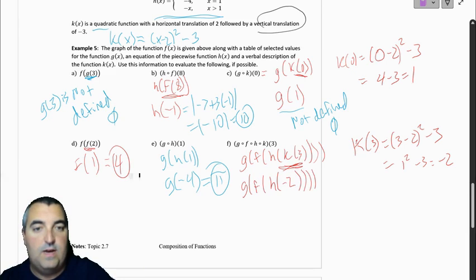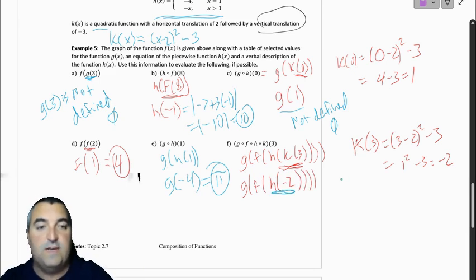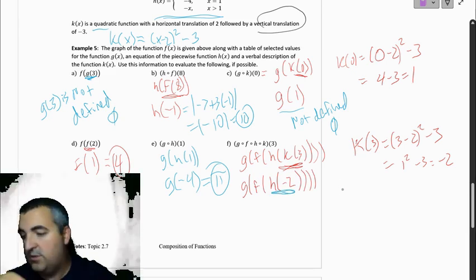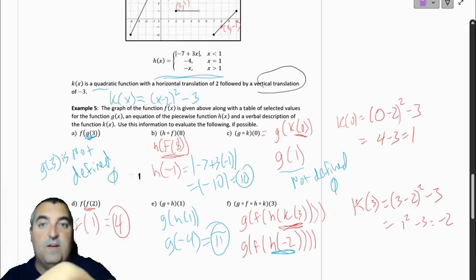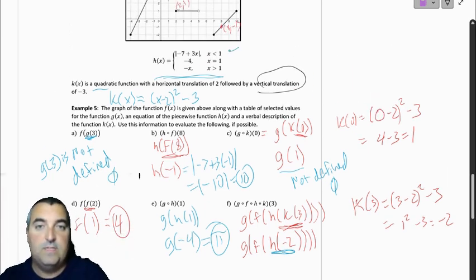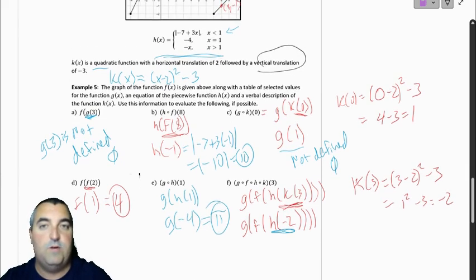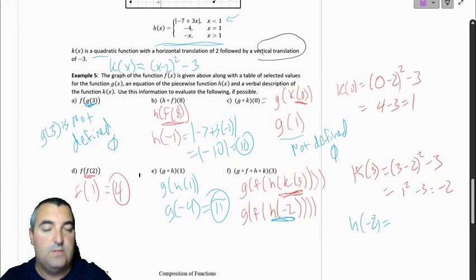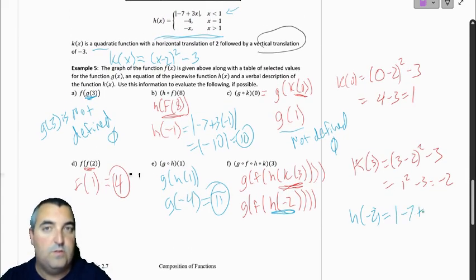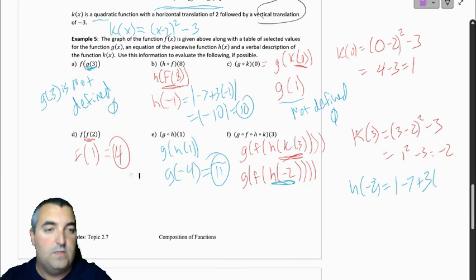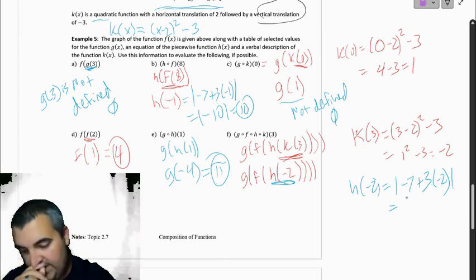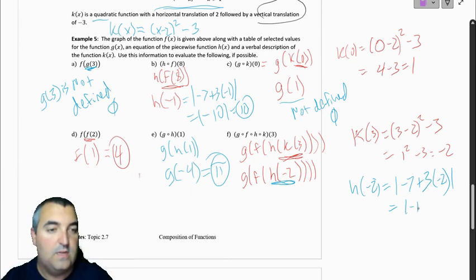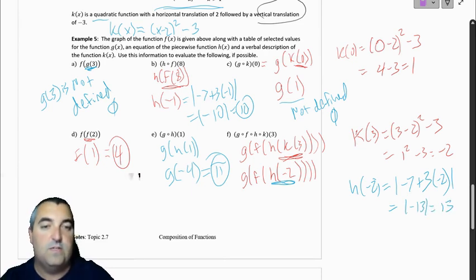And now I work on the next function. So h of -2. Well, h of -2 tells me I'm looking at the piecewise, -2 is less than 1, so I'm going to use that top equation again. So h of -2 equals absolute value of -7 plus 3 times -2. When I simplify this, that's -6, that's -7, so I would get -13, but then I'm taking the absolute value, so I get 13.